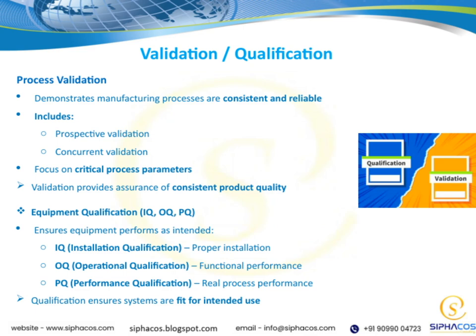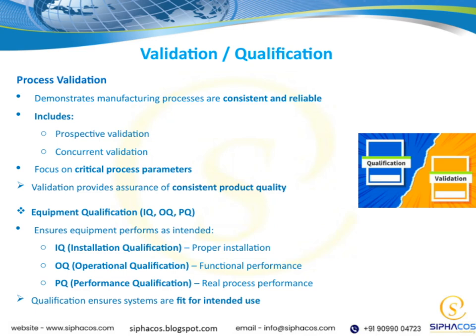Now, moving on to validation and qualification, specifically process validation. This step demonstrates that our manufacturing processes are both consistent and reliable over time. It's about showing that the process can produce products of the required quality repeatedly. There are different approaches, including prospective validation, which is performed before the process is in full production, and concurrent validation, which is done during actual production runs.